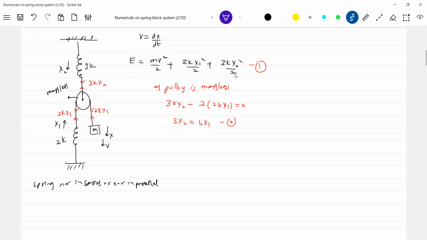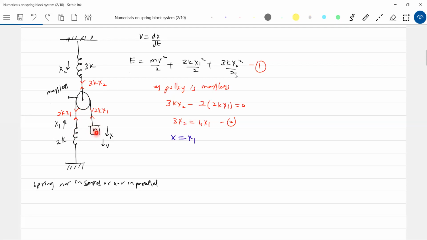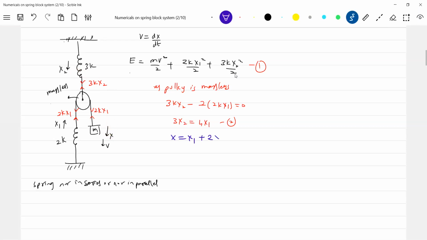By X1. Therefore, X equals X1. Then assume that this spring is not there. If this pulley moves by 1 meter, how much will the block move? By 2 meter. So the displacement of the block is twice of this. Constraint equation, nothing big. Let any number of springs come, you can use this method.